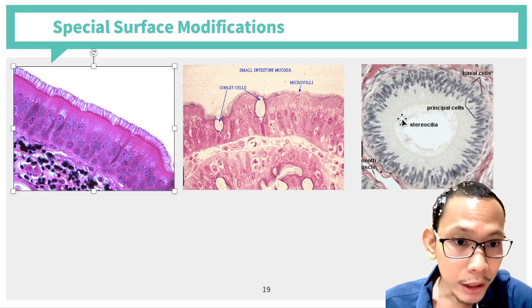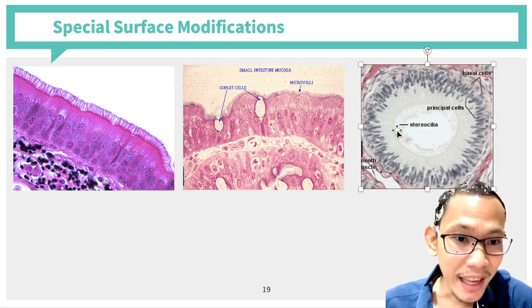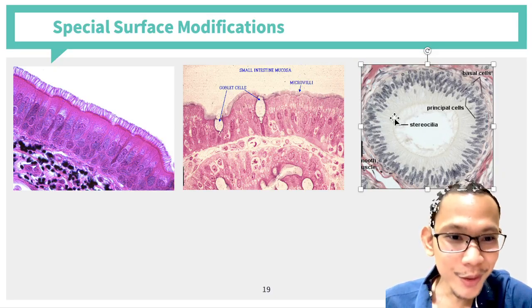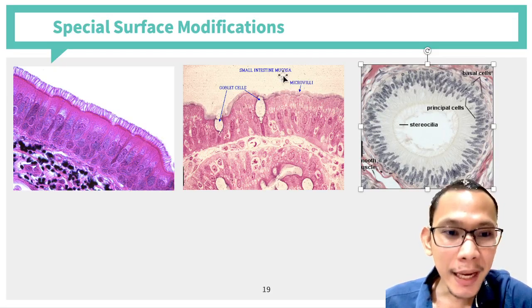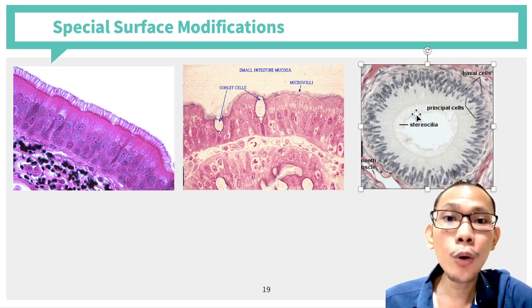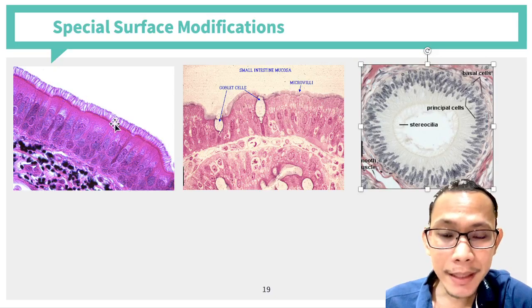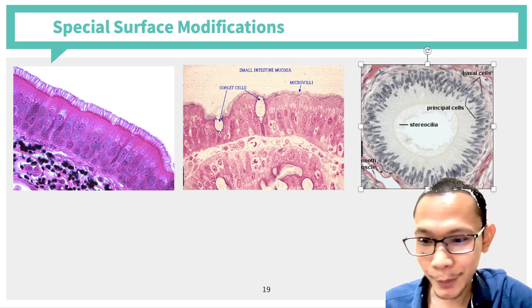Tingnan nyo, there is branching. Nagdidikit-dikit sila, and they are longer compared to your microvilli. Remember, your stereocilia is a branch microvilli. That's why your microvilli and your stereocilia will function for absorption. Your cilia naman natin are highly motile. Please remember that. That's just a summary of what we discussed a while ago.